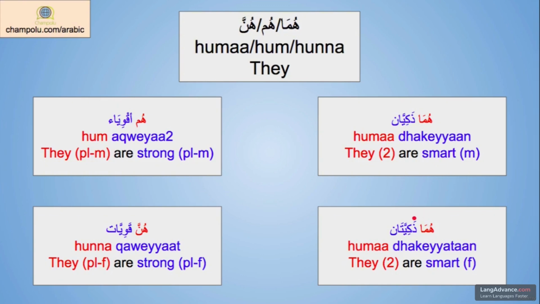You notice that we're using هما for both males and females. The only difference is the adjective. And when you want to say about a group of males or a mixed group that they are strong, say هم أقوياء. And when you're talking about a group of females, it is هن قويات. They are strong.